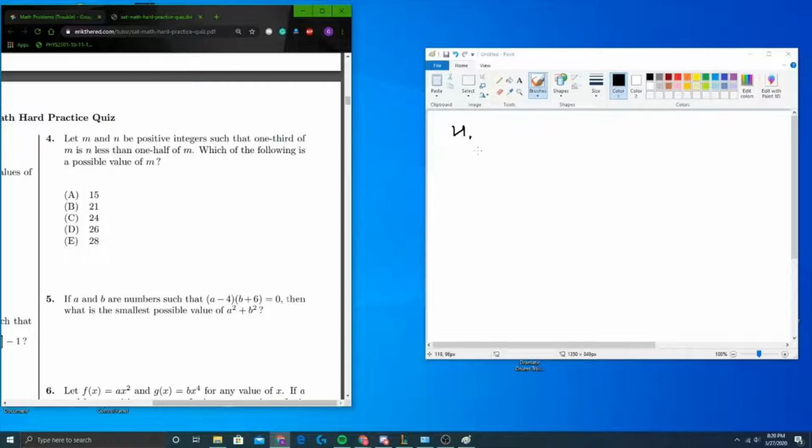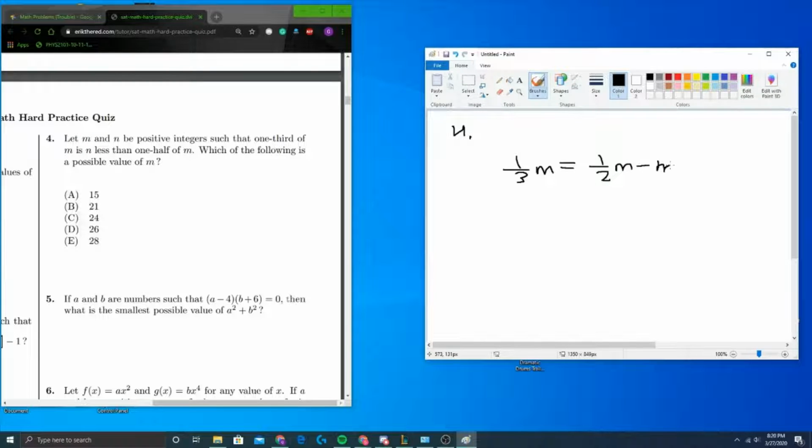So let's go ahead and do that. 1/3 of m could be replaced with an equal sign, n less than 1/2 of m. This means that this is equal to 1/2 m, and then less than, you subtract n.